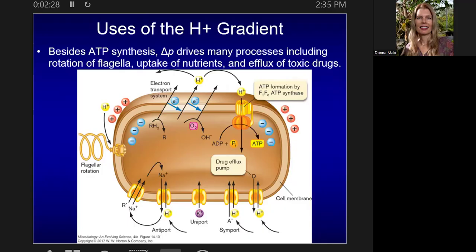That's one way they can become resistant to antibiotics, is to evolve a mechanism to pump out the drugs. They show the flagellar rotation, getting things brought into their cell or out of their cells through the use of symport or antiport mechanisms that involve protons. So they can do other stuff with a proton gradient. It's not just ATP. So keep that in mind.